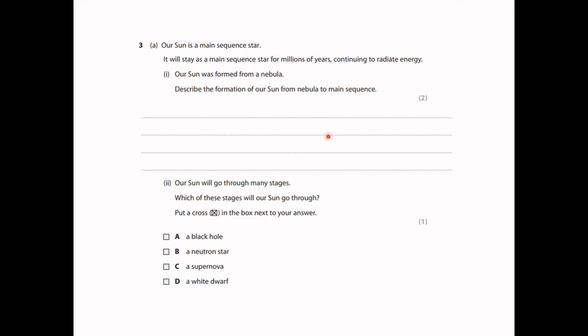So the answer to this question, well, this is the actual mark scheme. So if you said any of these 2 points, you get the 2 marks. So you have to say, well, gravity caused the nebula to collapse or contract, which caused the temperature to increase. So if you said gravity caused the nebula to collapse, that's 2 marks. Or if you said maybe the nebula collapses and this causes the temperature to increase, that would also give you 2 marks.